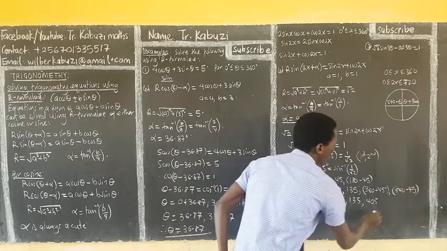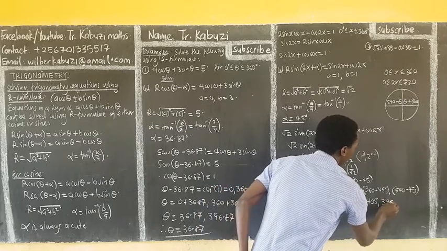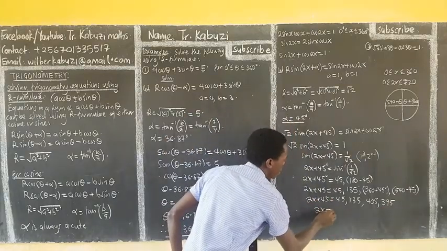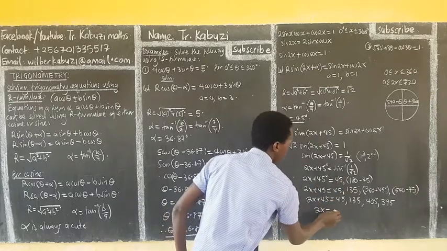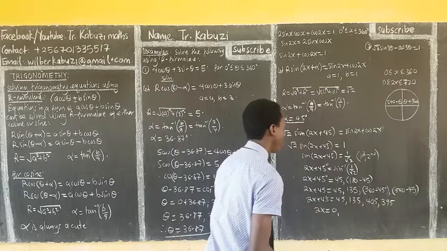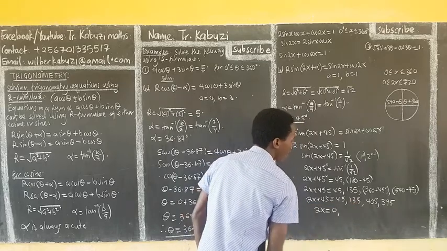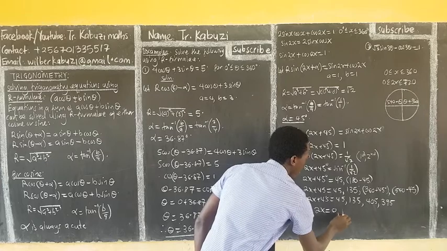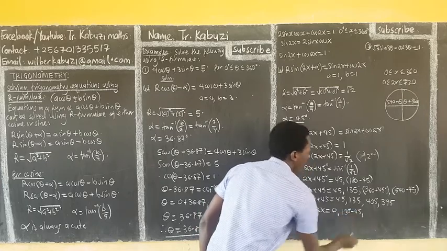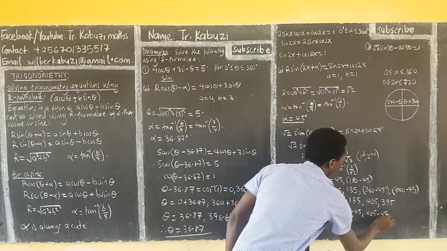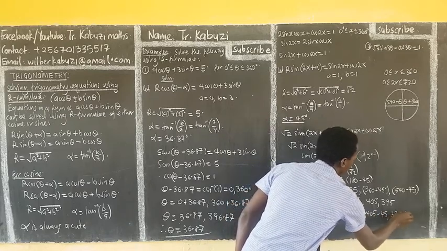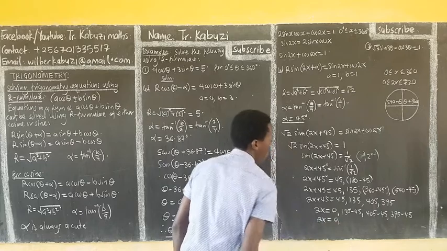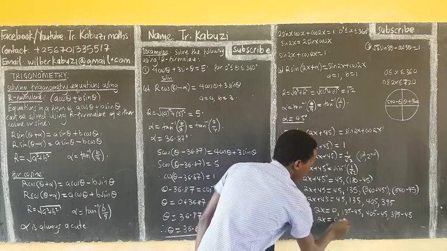And then 540 minus 45 gives 495. So now, taking the 45 to the other side, I'll have 2x equaling 45 minus 45, then 135 minus 45, then 405 minus 45, then 495 minus 45. So my 2x will be 0, then here, 90.